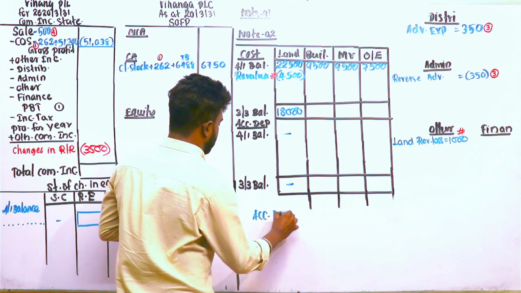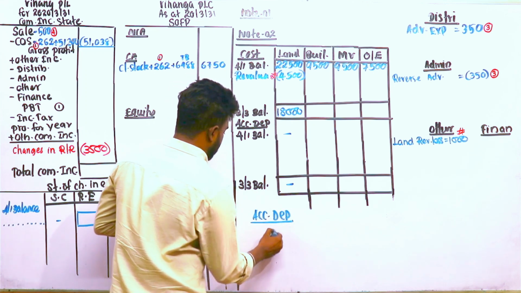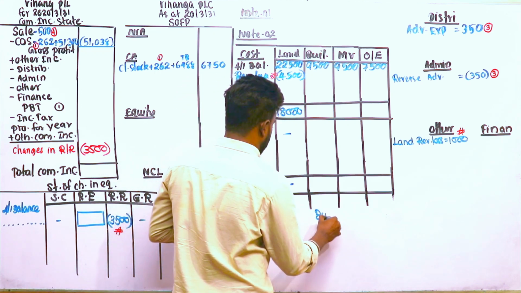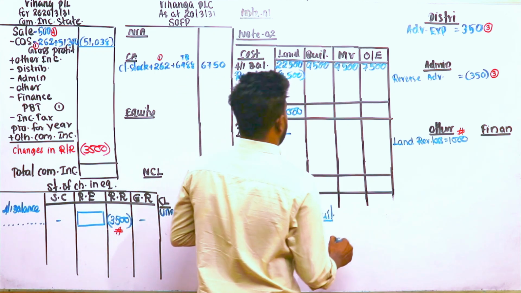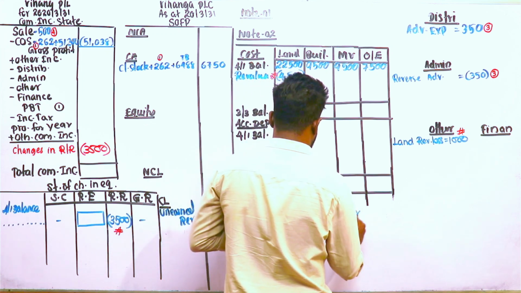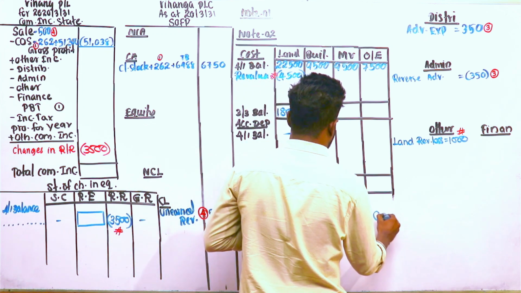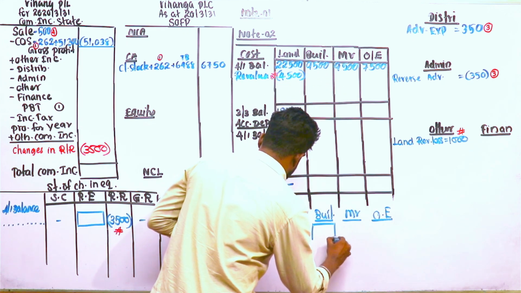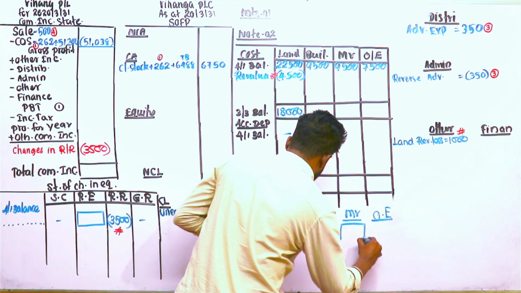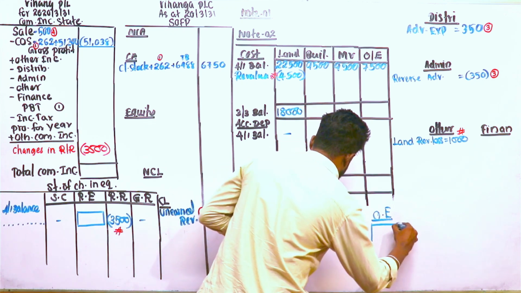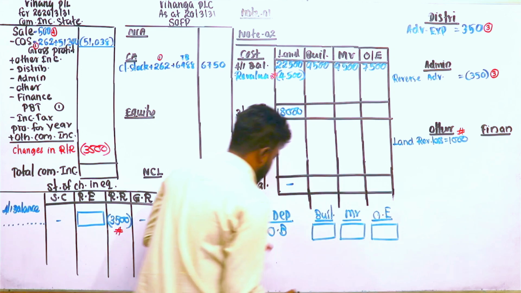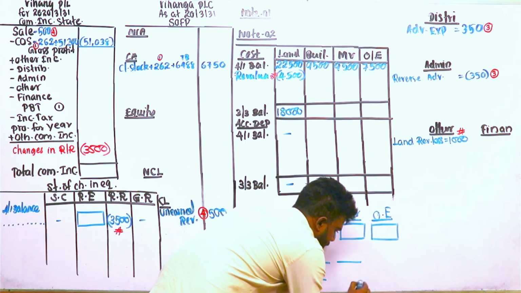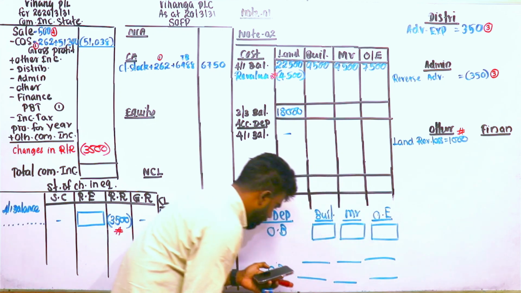We don't know the opening balance of accumulated depreciation for building, motor vehicles and office equipment. The closing balances are provided, so reverse and identify the opening balance.